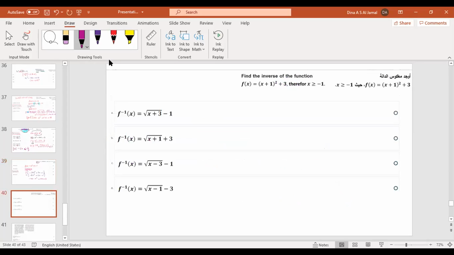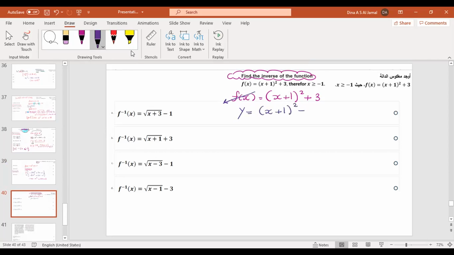Okay. Find the inverse of the function. So you are having a function here, f of x is equal to (x plus 1) all squared plus 3. So first of all, the first step is to remove f of x and put y.